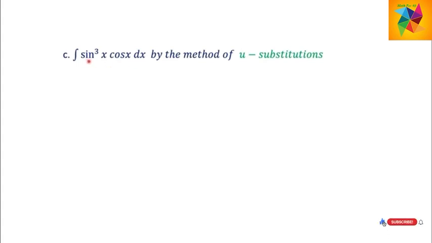So this looks like u to the n du. So obviously we have to let u equal sine x. The derivative of u is du, and the derivative of sine is cosine x dx.